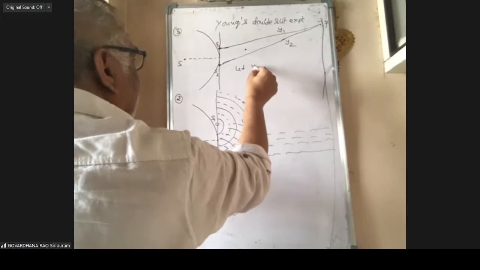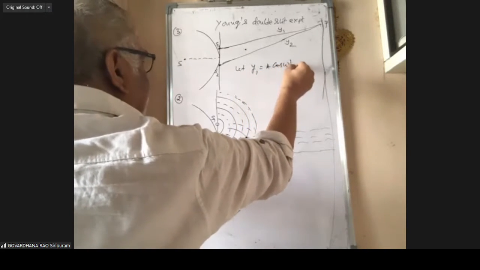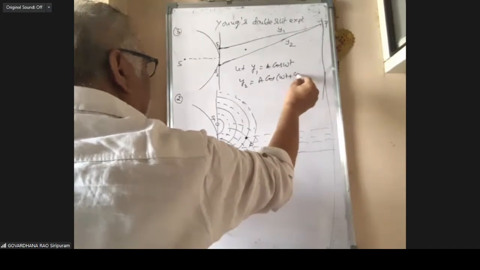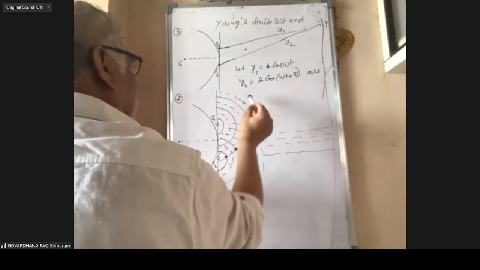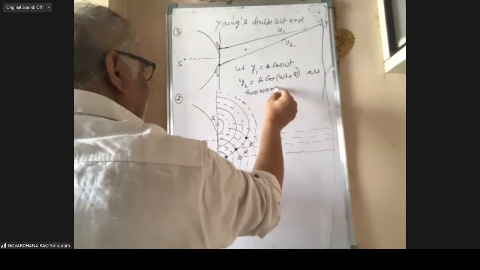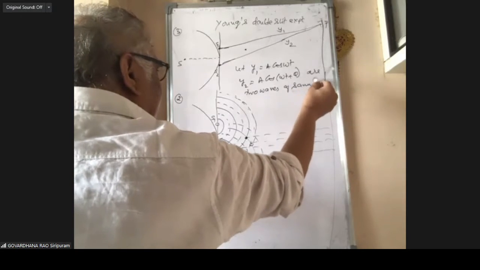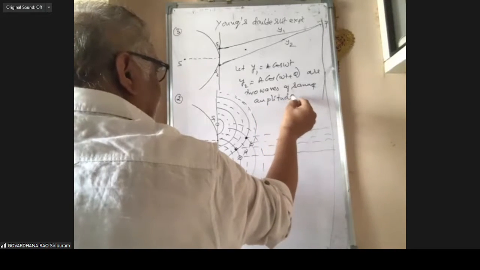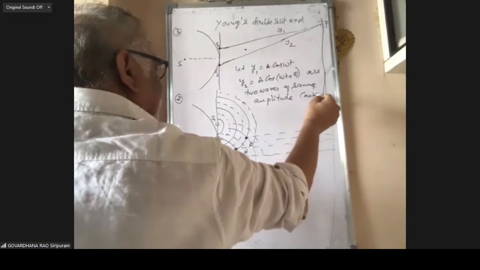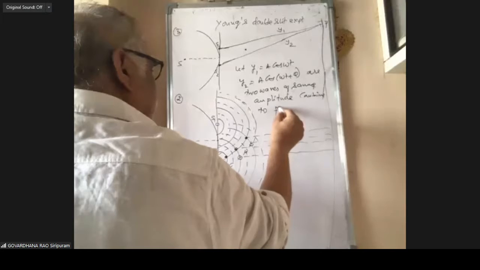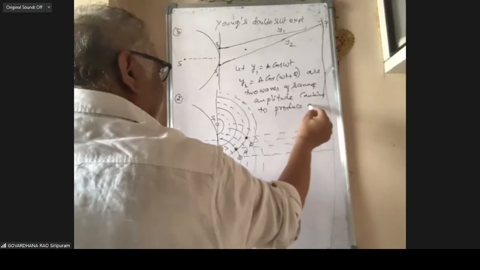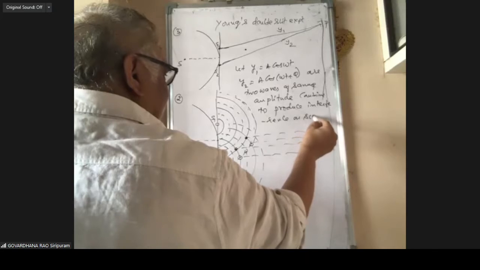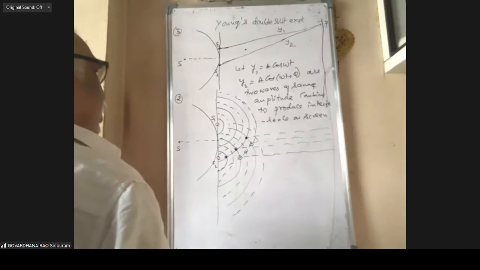Let Y1 equals A cos omega t, Y2 equals A cos omega t plus phi be the two waves of same amplitude, which combine to produce interference on the screen. Okay?